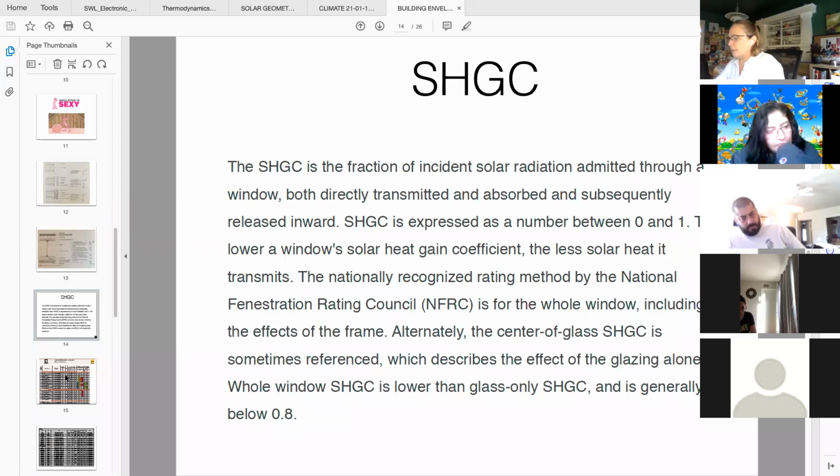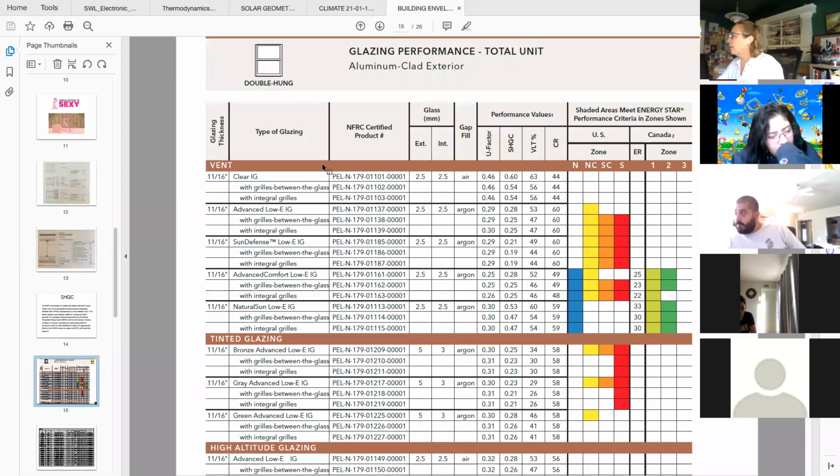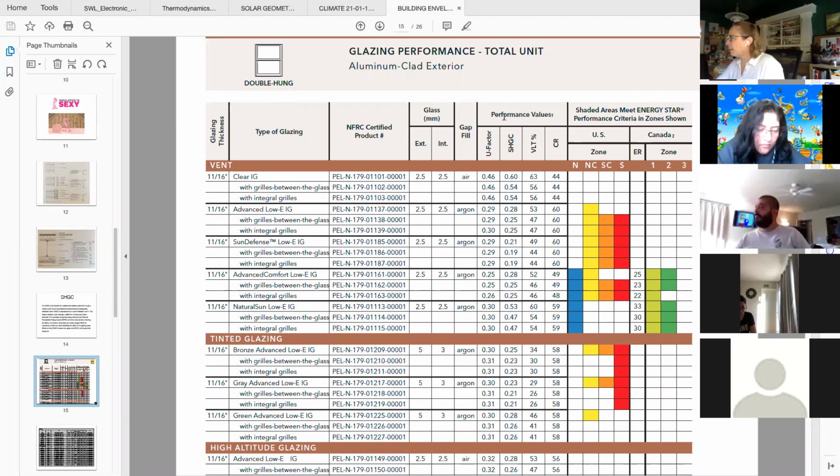And let's look at some examples. So this is a page from a Pella window, which is a manufacturer, a pretty straightforward double hung window. Here are the performance values for this particular window.